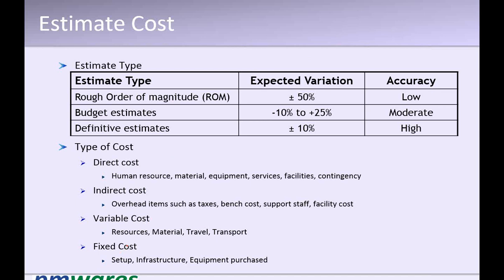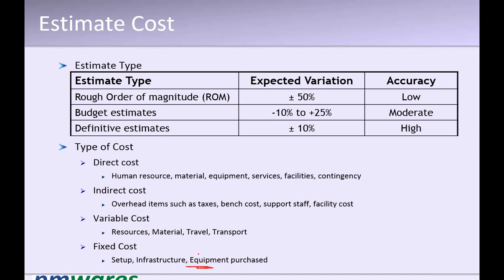Your resource cost is such a cost which is manageable over a period of time. Look at the resource cost. If you reduce the resources, the cost will reduce. If you increase the number of resources, the cost will increase. Therefore, it is called variable cost. So suppose you buy an equipment.